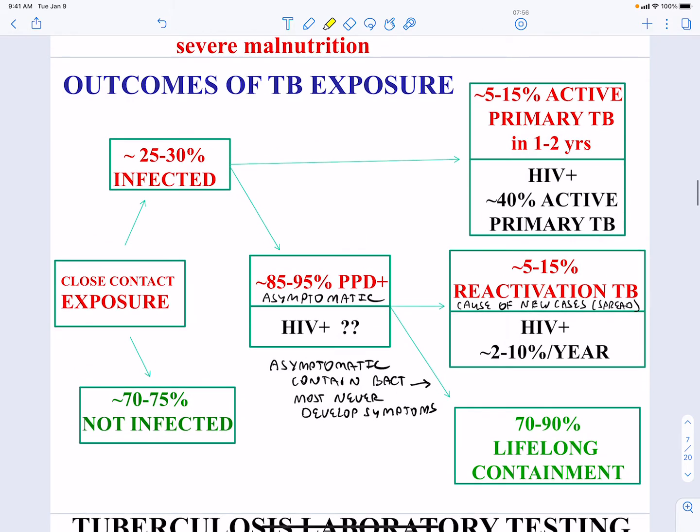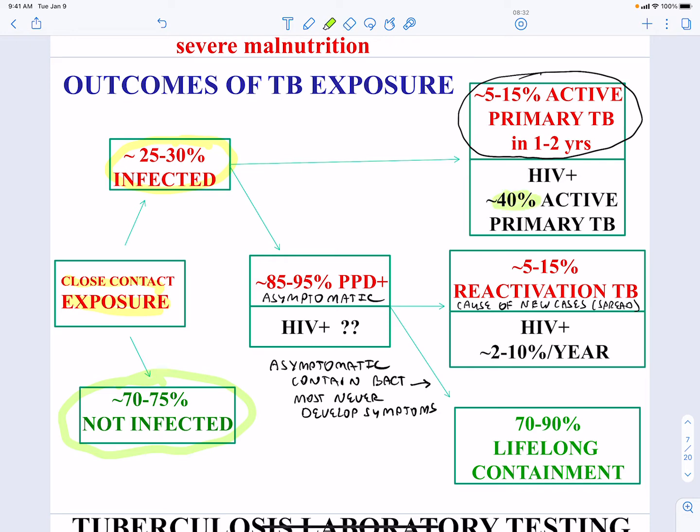Now, outcomes of TB are basically you are going to get some sort of exposure event, and from that exposure event, about 25% will become infected. Keep that in mind, that most people who get exposed do not become infected, so it's not 100% transmissible. And then of these 25 to 30%, only 5 to 15% will get active primary TB. Now, if you're HIV positive, this of course jumps to 40% active primary TB.